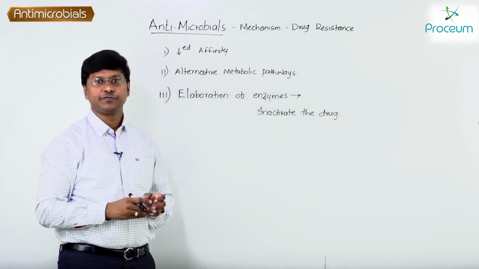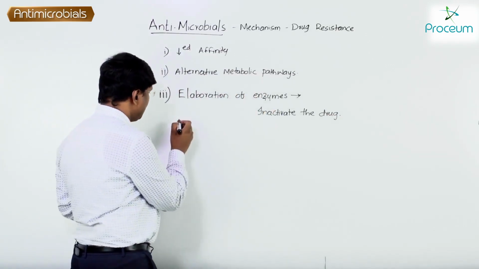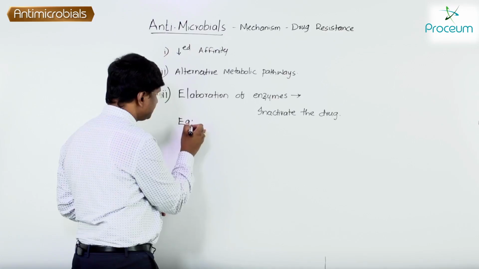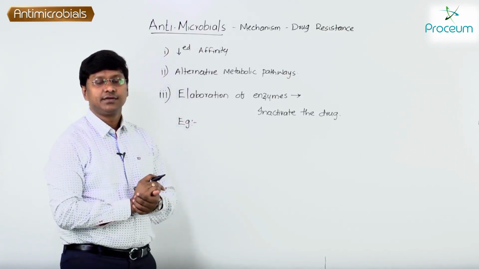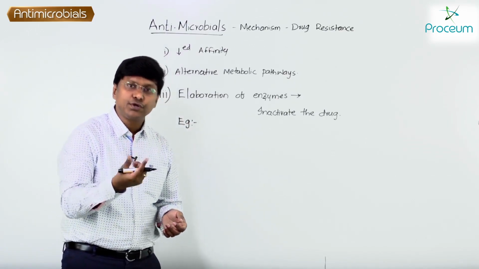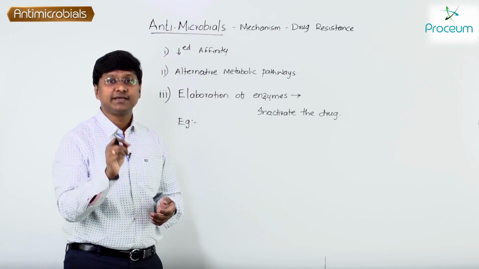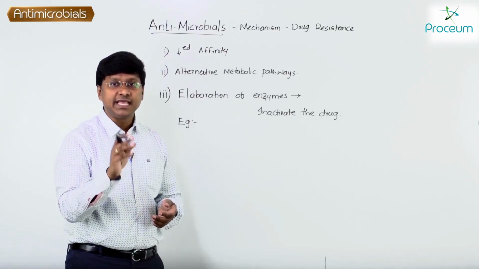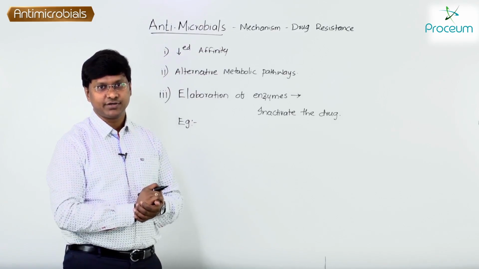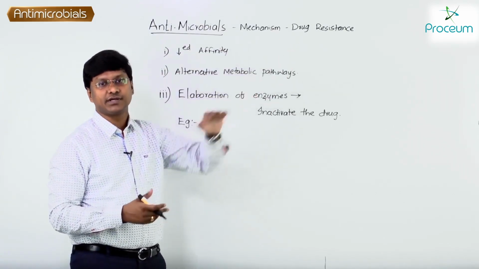Now, what are the examples here? There are certain enzymes which are produced by the microorganisms. These enzymes produced by the microorganisms will inactivate the antibiotics, right? Thereby, that is one of the mechanisms of the development of drug resistance.